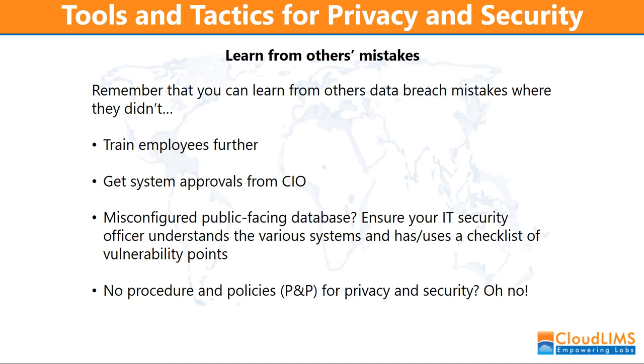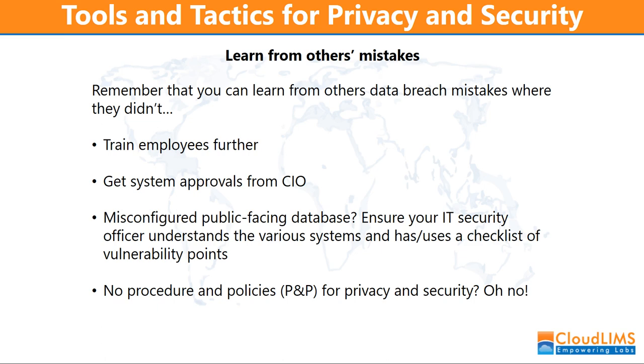As well, as painful as it can be, you can learn from others' mistakes so that you don't repeat them. Here are some not to be repeated. You don't want to fail to train employees on privacy and security issues and procedures. You don't want to fail to get approval for systems to be launched in your network or organization.